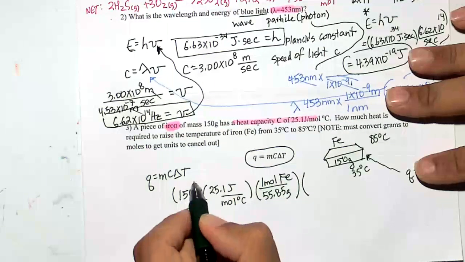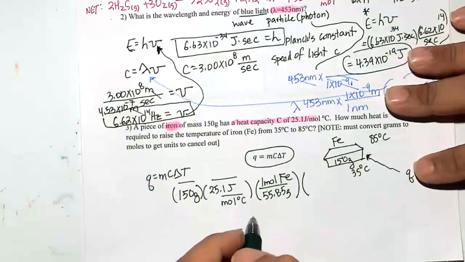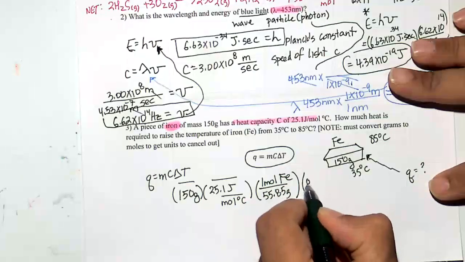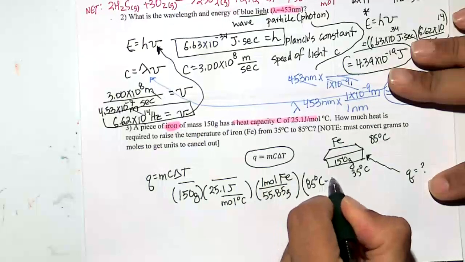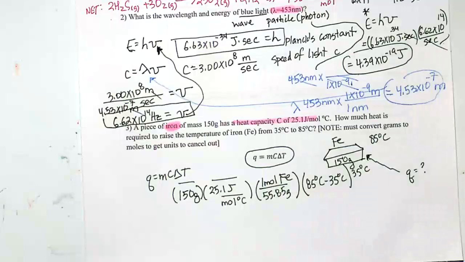Okay, so we have our mass. We have C. We converted it to cancel out the moles. And then delta T, final 85 degrees C minus initial 35 degrees C. So this is what I'm getting to solve this problem.